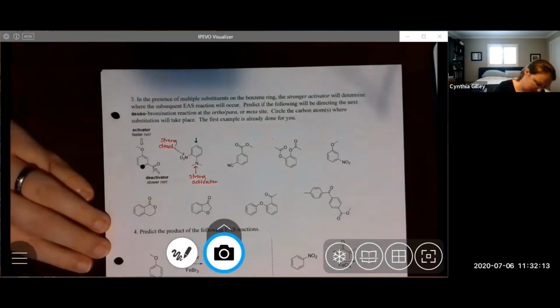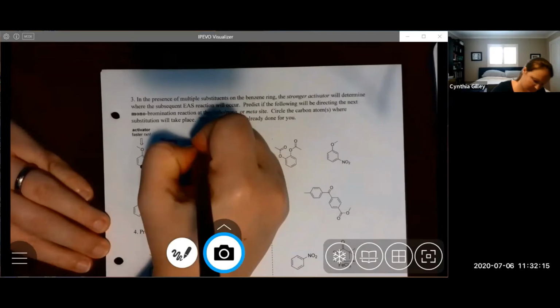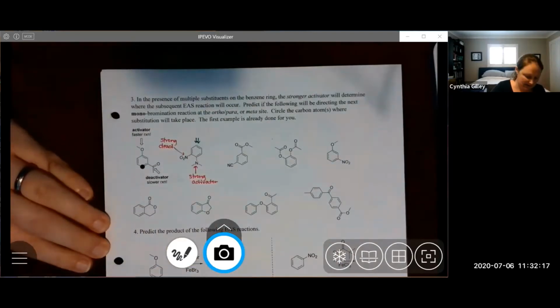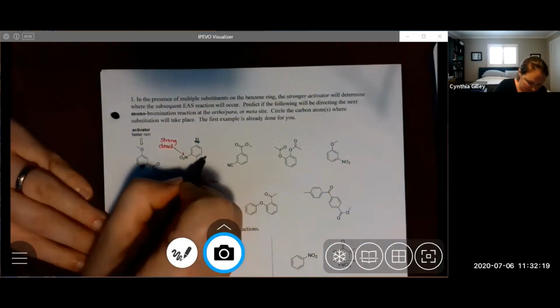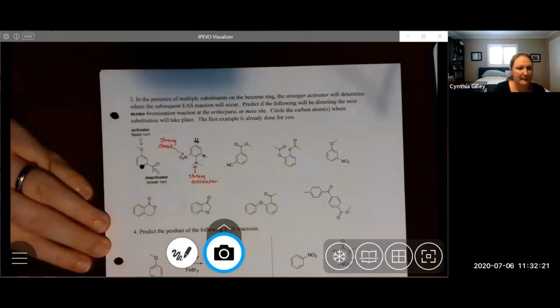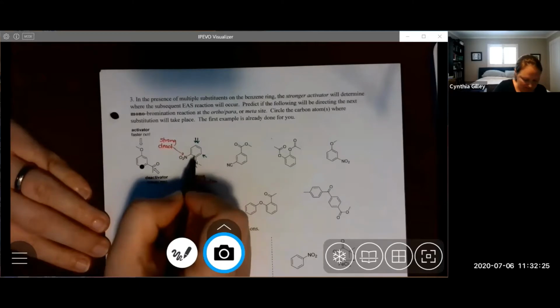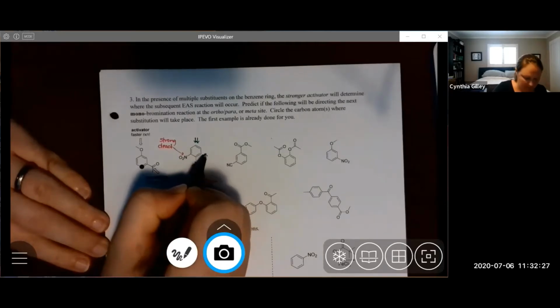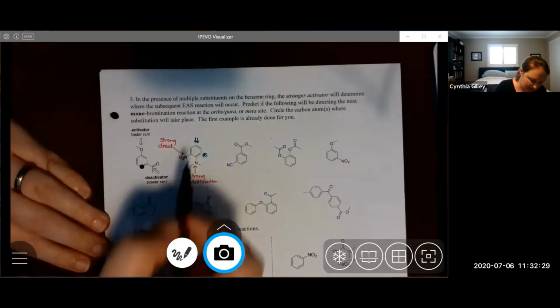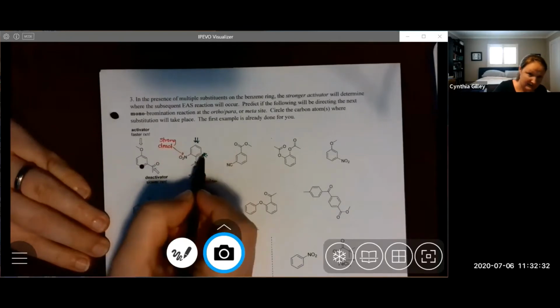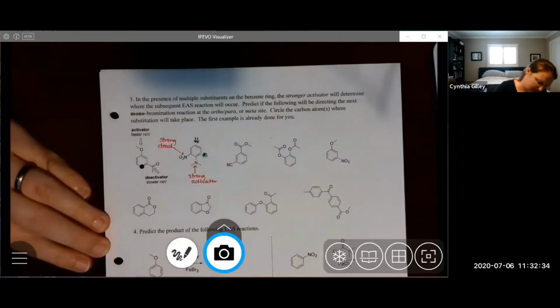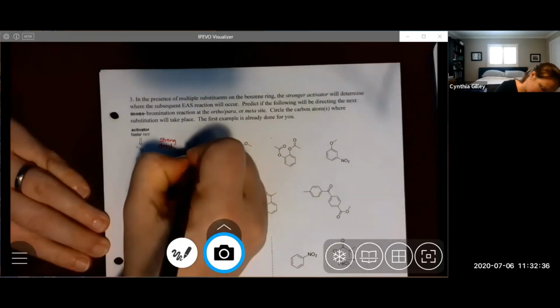So it's also directing here, right? And it is directing to this position as well. And then this is an ortho-para director, so technically it also directs that position. But this one is much less sterically hindered because it's not next to these other groups. So this is going to be the best position to have next to.